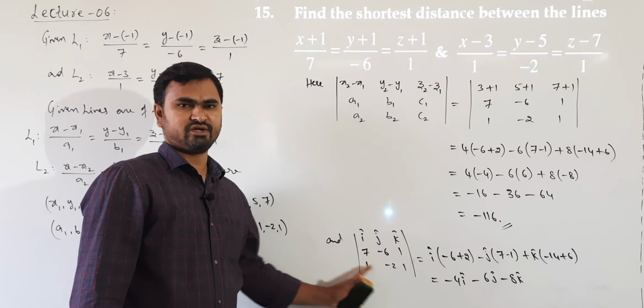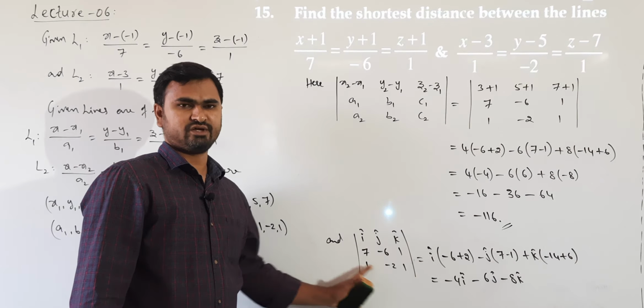So how can we simplify the given lines? First line I will take as L1: r bar is equal to (1 minus t) into i plus (t minus 2) into j plus (3 minus 2t) into k. Let us separate these terms.